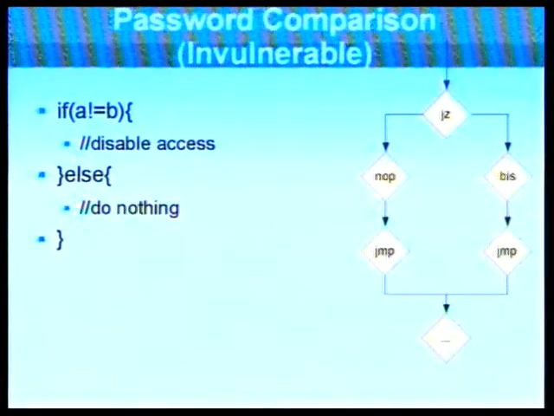When you do this, and you give it the password comparison command, it runs through code that might look like this. And this is the invulnerable version. There's a comparison above the top. It comes down into the conditional jump instruction. This either goes left or right. If it goes left, you see a NOP instruction and a jump.